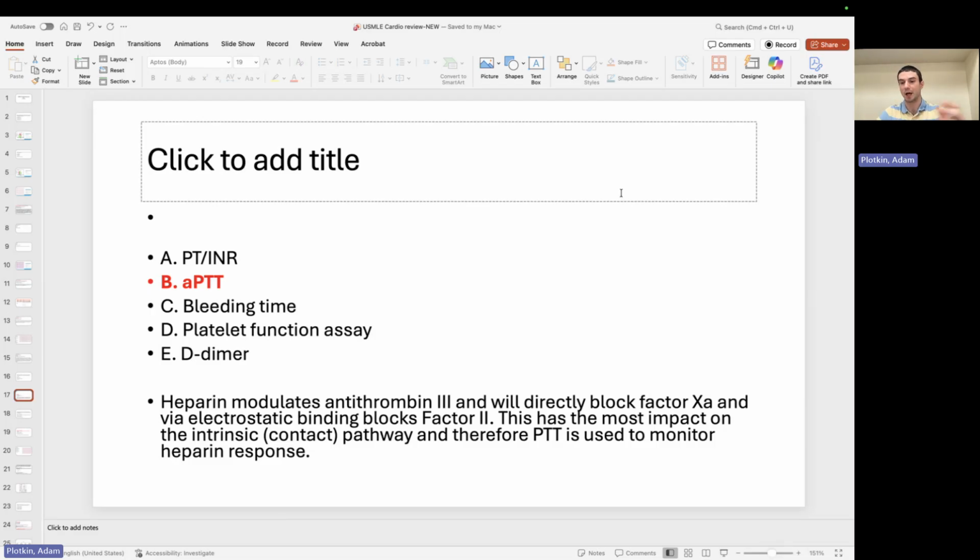And then we also block factor 10. That's going to have more of an impact on your intrinsic pathway, which is measured by your PTT, because in this case we're still making vitamin K. We're still able to make and produce factor 7. So the PT tends to stay normal unless you have a patient on a really high dose of heparin for a really long time.